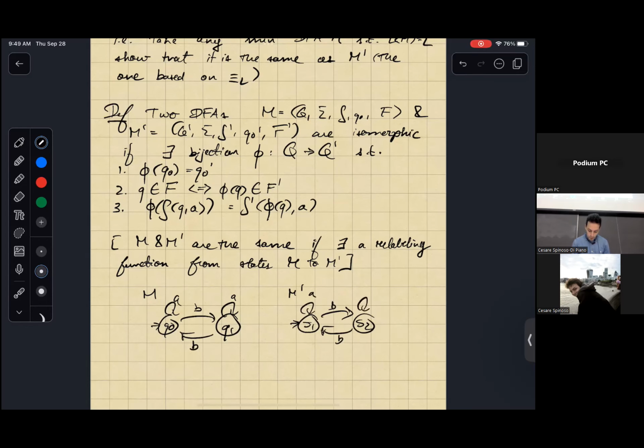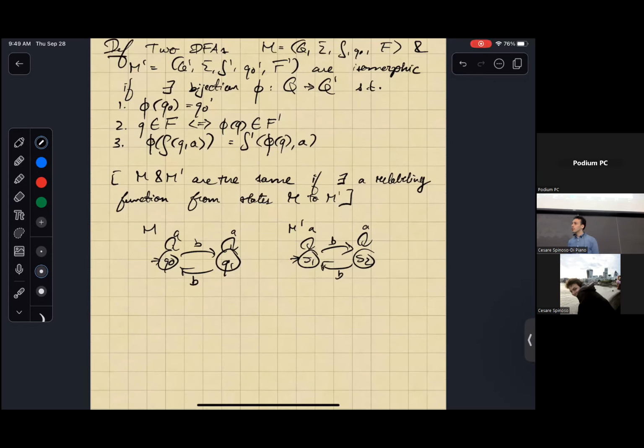What I mean by there exists a relabeling function is there's a way of relabeling the states of the machine M, such that it looks exactly like the machine M prime.